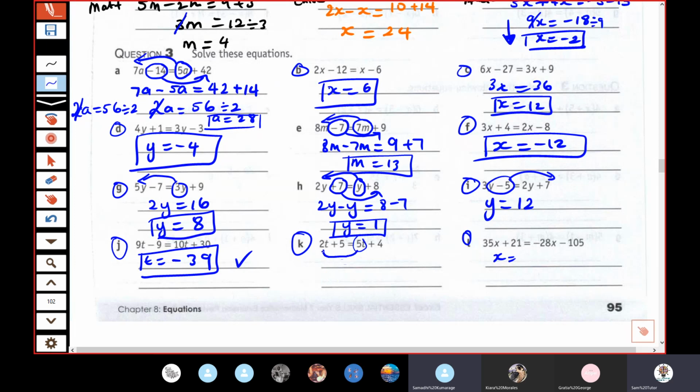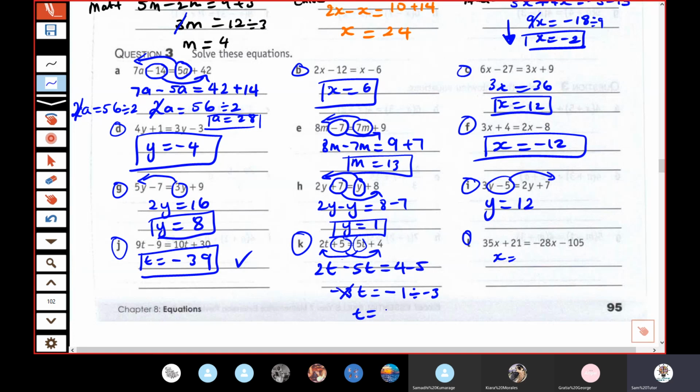Okay, hold on. So we'll bring this guy over and bring this guy over. So 2t take away 5t, and then 4 take away 5. Do we all agree with that first line? 2t take away 5t, 4 take away 5. 2 take away 5 is negative 3t, and then 4 take away 5 is negative 1, and then what's negative 1 divided by negative 3?